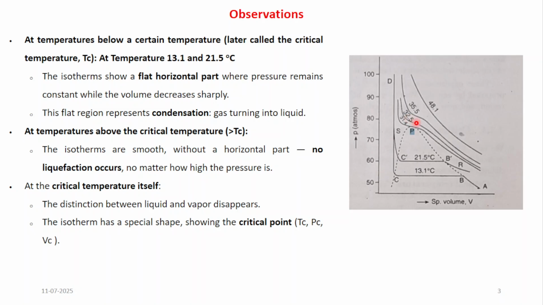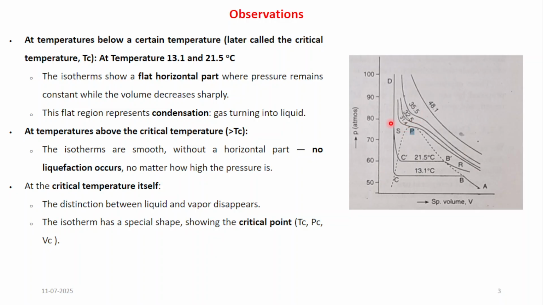It was remaining as gas. Again at around 35 degrees also, gas could not be converted to liquid. If you increase the temperature further, gas cannot be converted to liquid. But at this particular temperature, roughly around 31, this is known as the critical temperature.